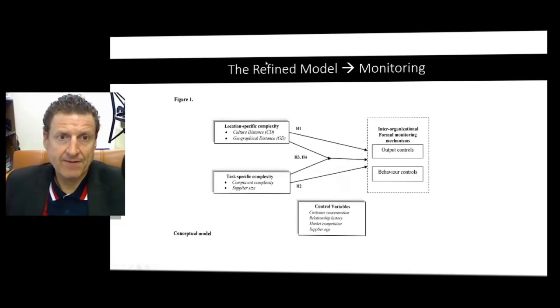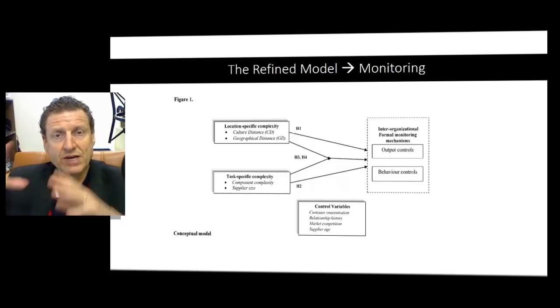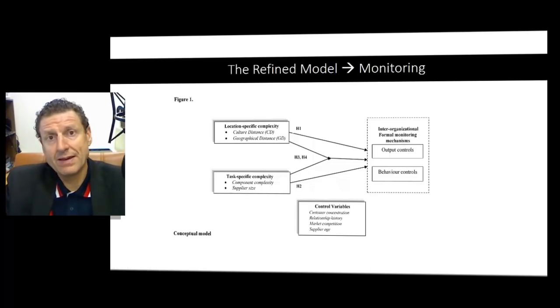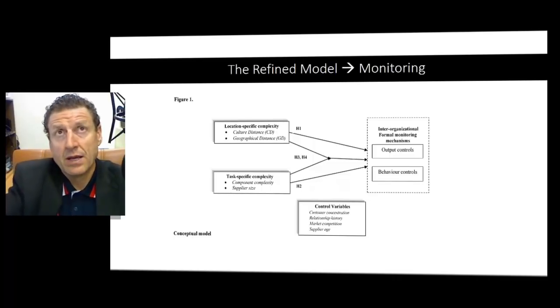So there we have, again, where we're heading. Now I have a clear understanding of what studies have looked at output controls and what studies have looked at behavior controls under formal monitoring mechanisms. Earlier, right at the beginning, we started at a real general notion of control. Then we went down to formal control and informal control.